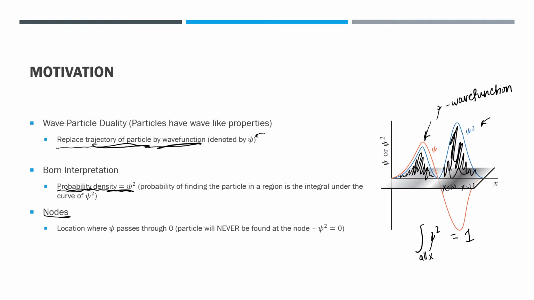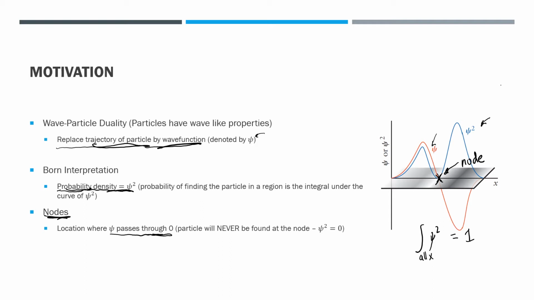Next, we'll talk about nodes. Nodes is another important vocab term, and that's very useful. A node is the location where psi passes through 0. If we look at this on the graph here, psi, the red curve, passes through 0 at this x value. So this is a node. We have psi passing through 0.